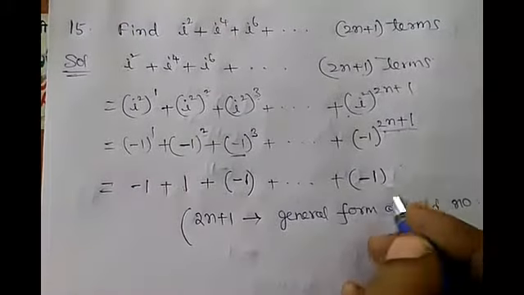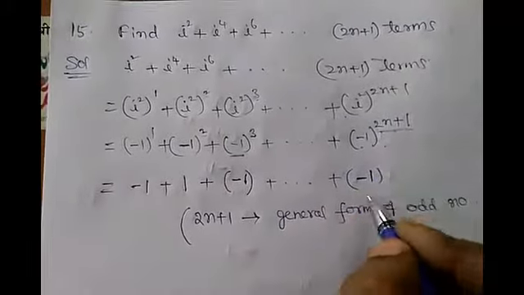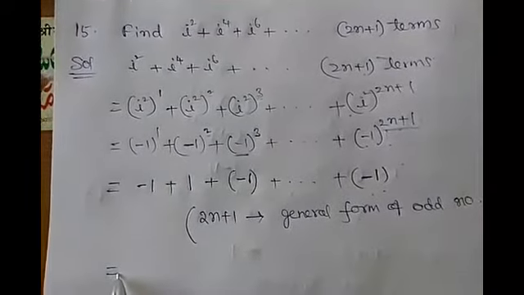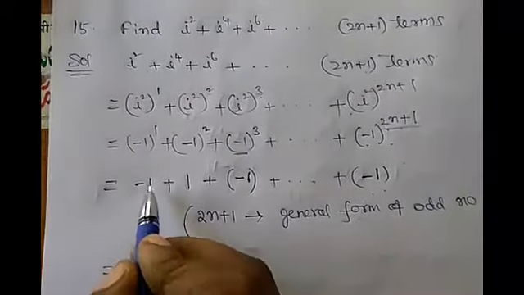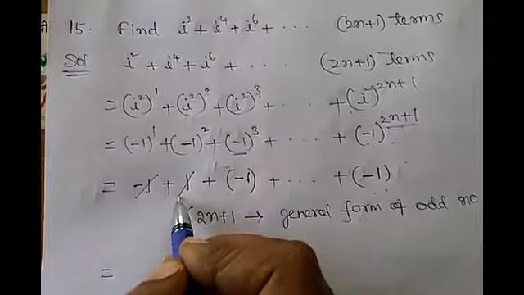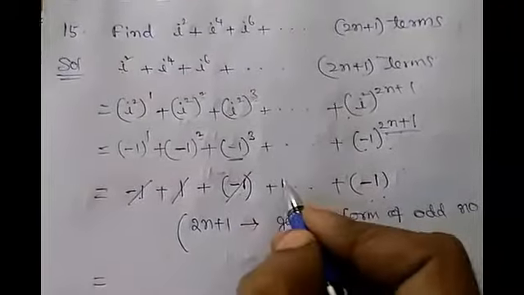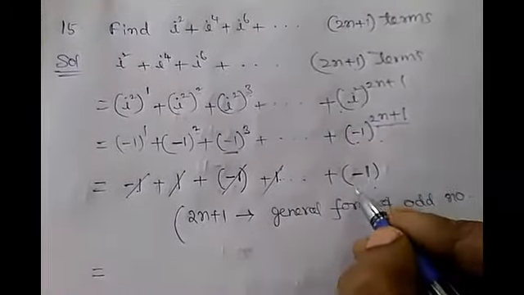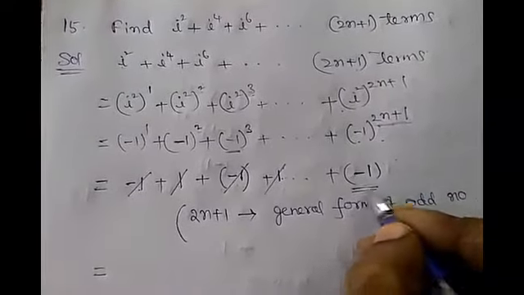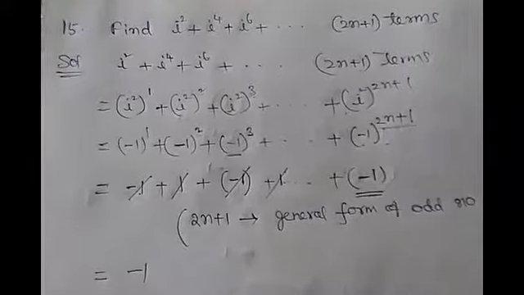So this value is minus 1, which implies minus 1 and plus 1 get cancelled, the next minus 1 and 1, and so on. The value you will get is minus 1.